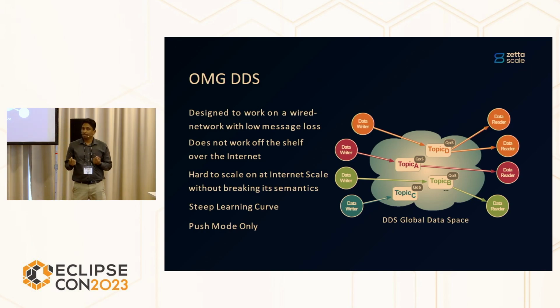And it also comes with umpteen quality of services, which you have to configure to use the power of DDS. At the same time, you have to understand why these quality of services are there. For instance, if you want a reliability protocol which can make sure that all the samples are delivered to the given subscriber, you have to set the history quality of service to keep all, so that you store all the data for subscribers.